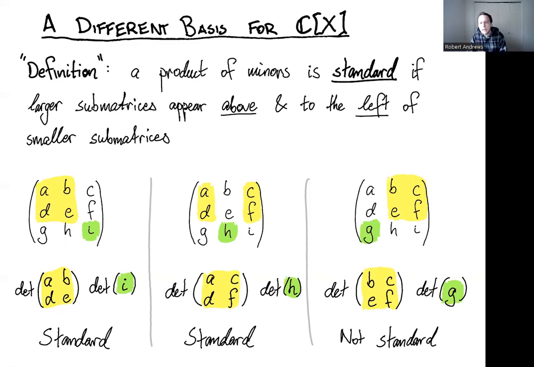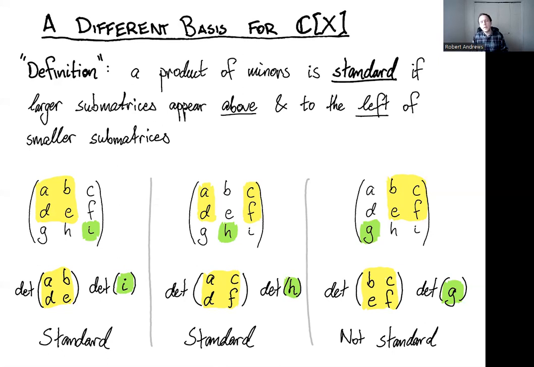Here's a product that's not standard. We'll take the minor on the top right 2-by-2 submatrix multiplied by the minor on the bottom left 1-by-1 submatrix. And here the larger submatrix appears above and to the right of the smaller one. So this is not a standard product.